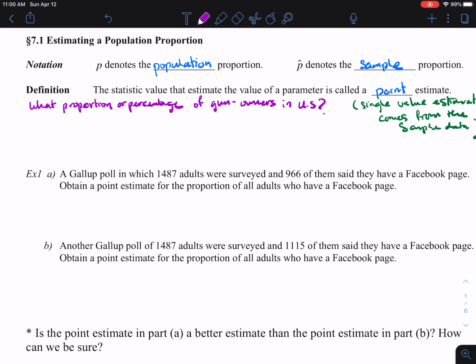Suppose that's the question we're trying to figure out. Suppose we don't know what that number is. So what we can do here is estimate it. I can guess the answer. Let's say an answer I can guess would be 35% or 0.35. If someone guesses using a single value, this is called a point estimate.